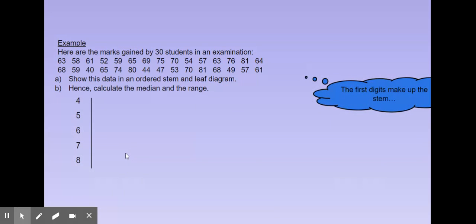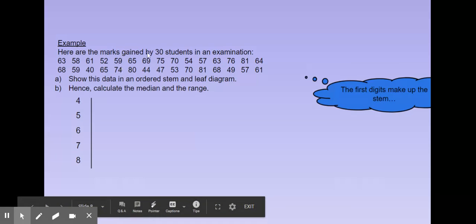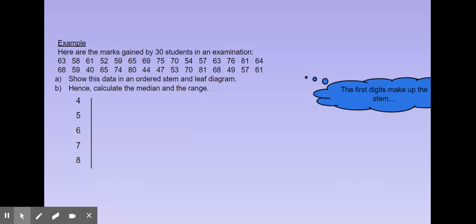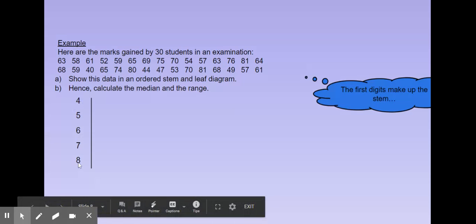Now the first digit, as I mentioned earlier, becomes the stem. The lowest value is 40 and the highest value is 81. So 4 becomes your starting point of the stem and it ends at 8.